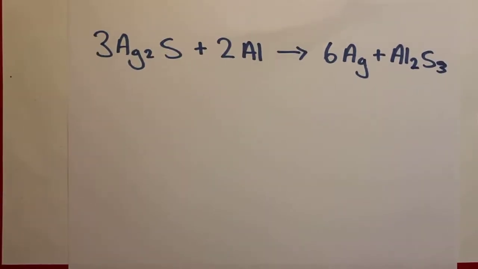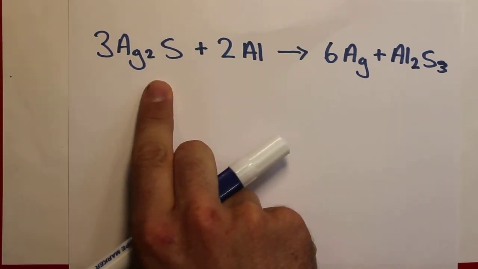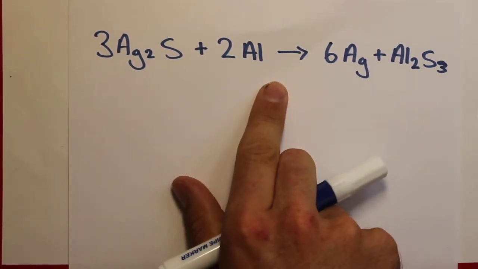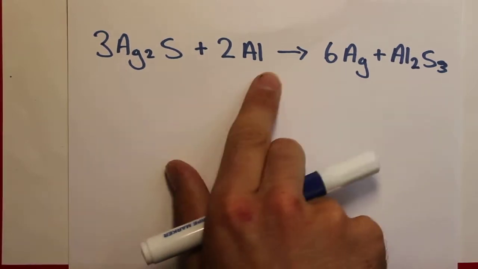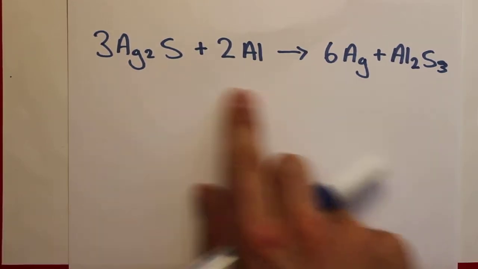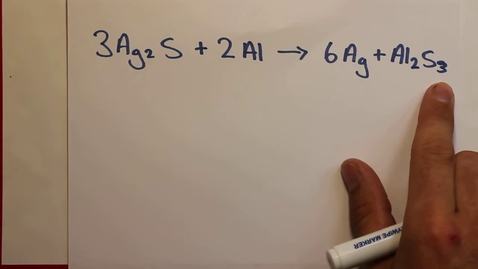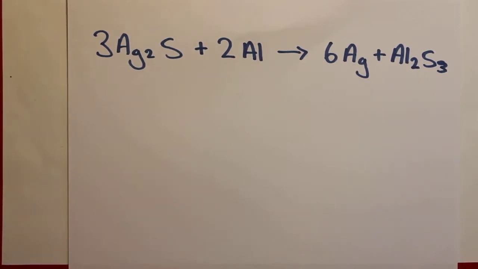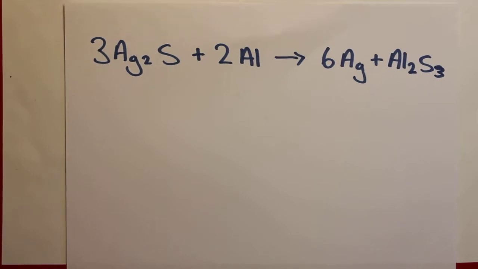So we can see we've got our balanced chemical equation here. And we've got our silver sulfide, and the aluminium comes along and takes off the sulfur from the silver to form this Al2S3. Now this is actually a little bit difficult to visualize just looking at this balanced chemical equation.